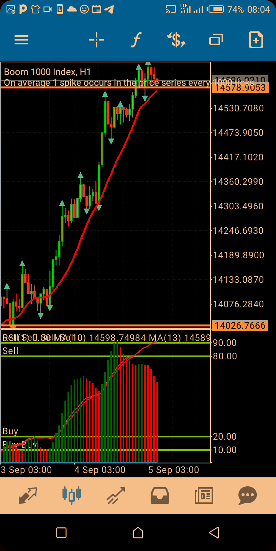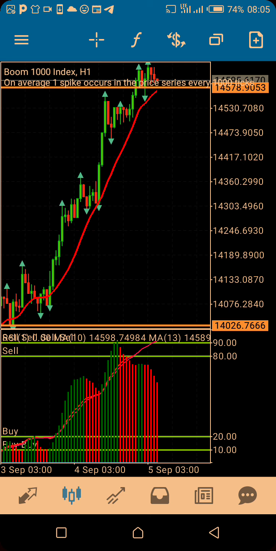But for me to enter in, I will not enter in a longer time frame, since I'm just trading, coming in and out in minutes. So I will not enter into a longer time frame. I'll consider short time frames, such as M1, M5, M15, M30.